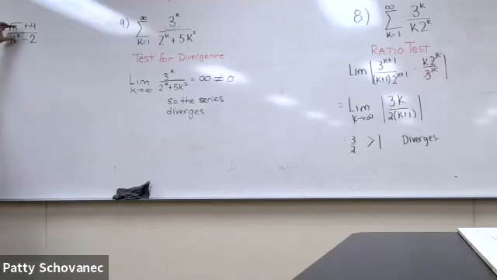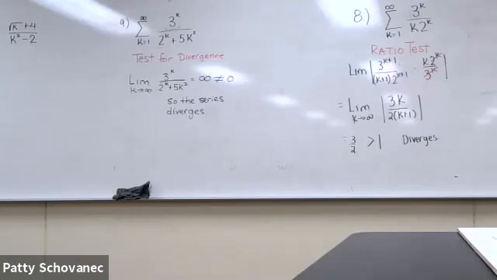Okay, so again, here we've got plus and minus signs, so I'm going to stay away from ratio and root tests. And it's not top heavy, so the test for divergence doesn't help me here. So that leaves just a handful of tests left. Things that are added together, I try to compare it to something. Whether you do a direct or limit comparison test, knock off the constants, see what's left, that's your comparison series.